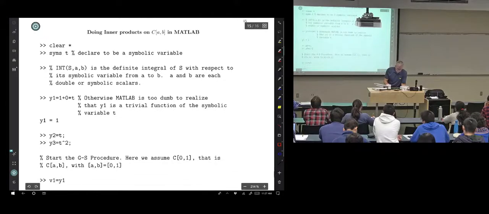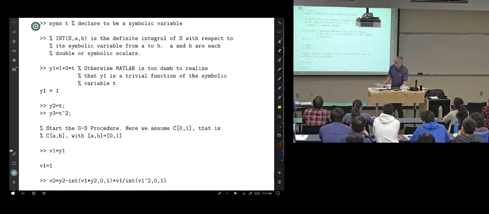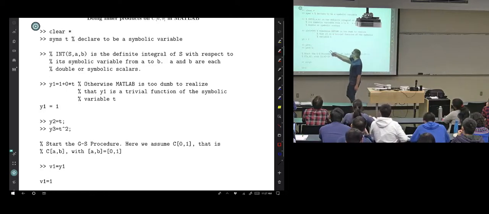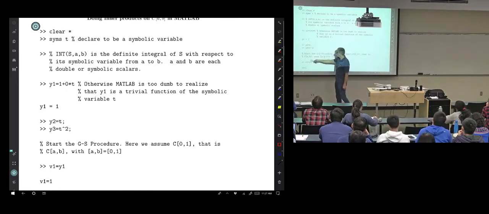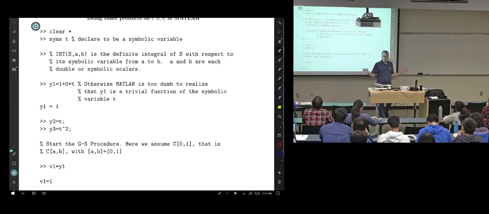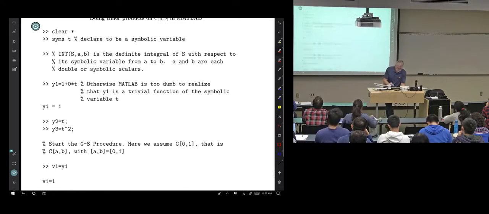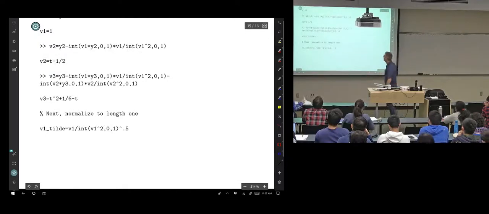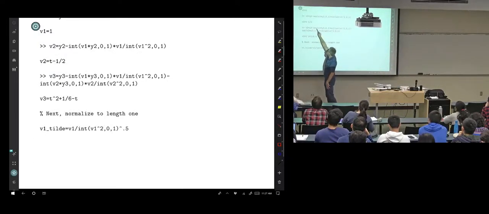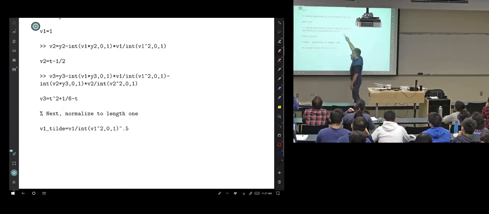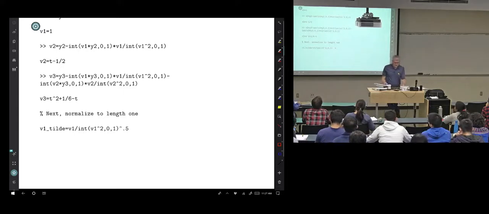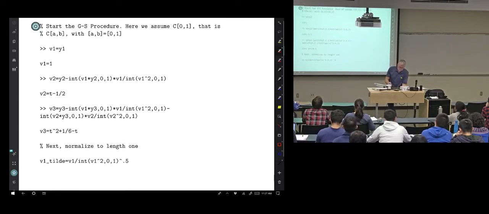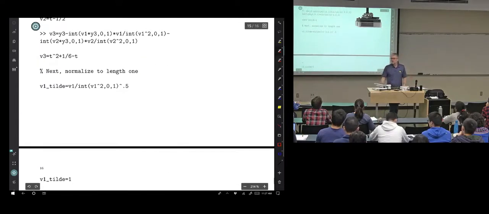So all the calculations are there, and just some remarks about how you can use the symbolic toolbox to do all of those integrals without doing integrals yourself, okay? So just so that you don't get frightened about doing integrals, okay? So you can just integrate from 0 to 1 of v1 times y3, et cetera. So you can just do Gram-Schmidt, and you can just write down what the inner products are symbolically, if you want.